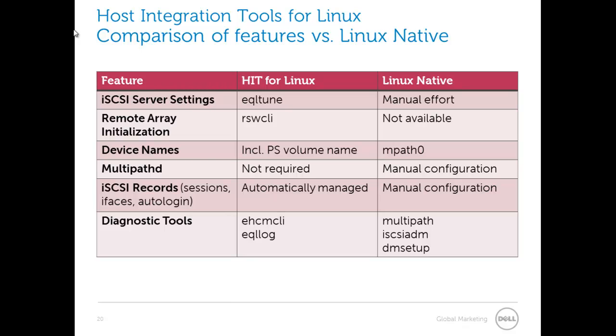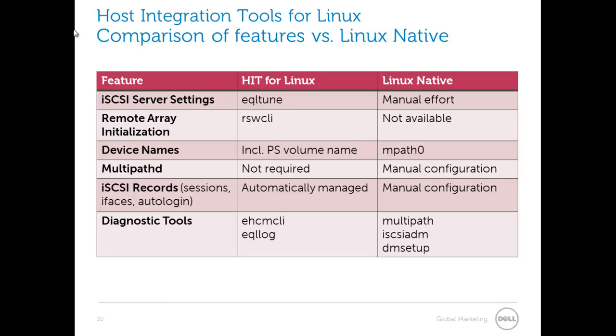Device names. When using the HIT for Linux, the PS volume name is included for easy recognition. Multipathd is not required with HIT for Linux, so no manual configuration using the multipath.conf file is necessary. iSCSI records, sessions, interfaces, and auto login are automatically managed using HIT for Linux, while Linux native management has to be done manually.